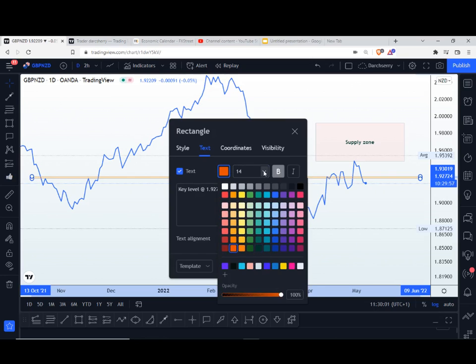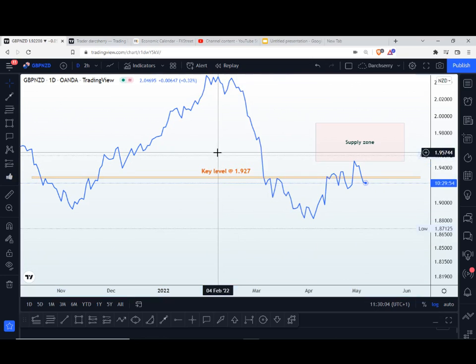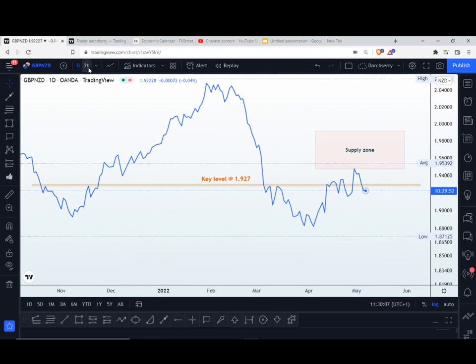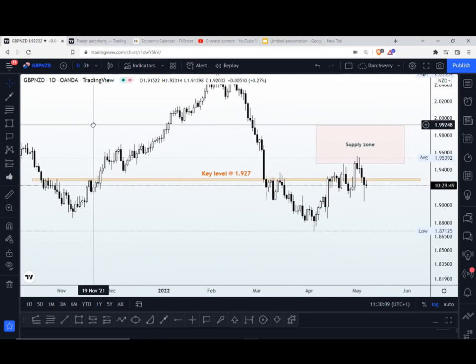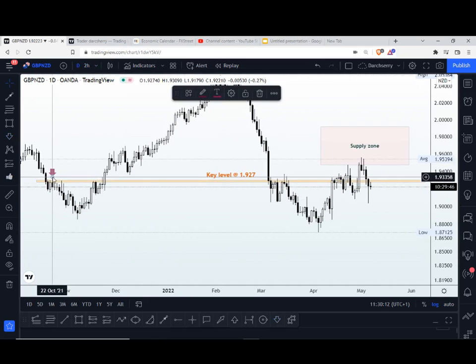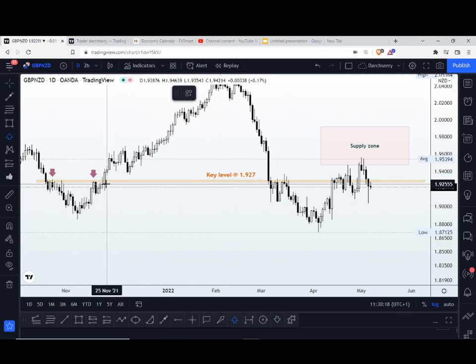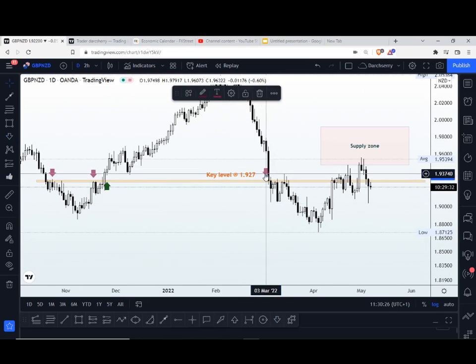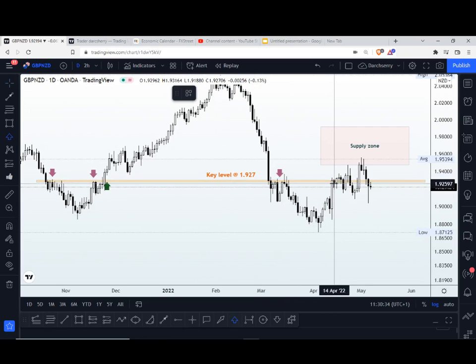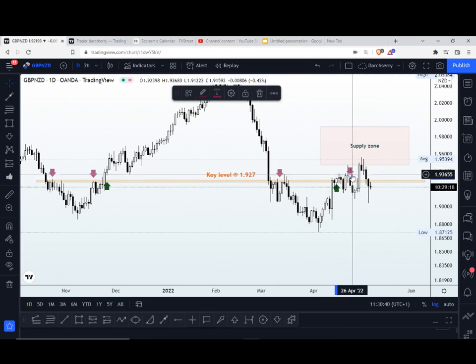I'll make it a little bit visible. Good. So we have something like this as our key level, and if we look left, you can see we saw a rejection at this area, a breakout of structure at this area, then we saw multiple rejections, a breakdown, then multiple rejections in this area, and we witnessed a breakout of structure in mid-April, and since that time we've been seeing a breakdown and multiple rejections of this area.